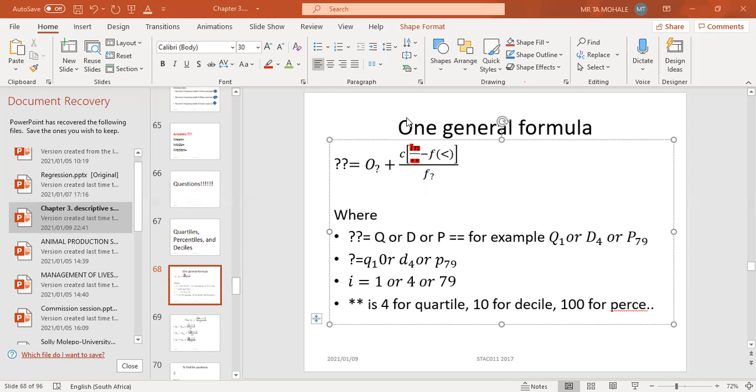Because we're calculating the percentile. Good. You are ready. So it means that you all understand. Anyone who does not understand before I continue? Any question?